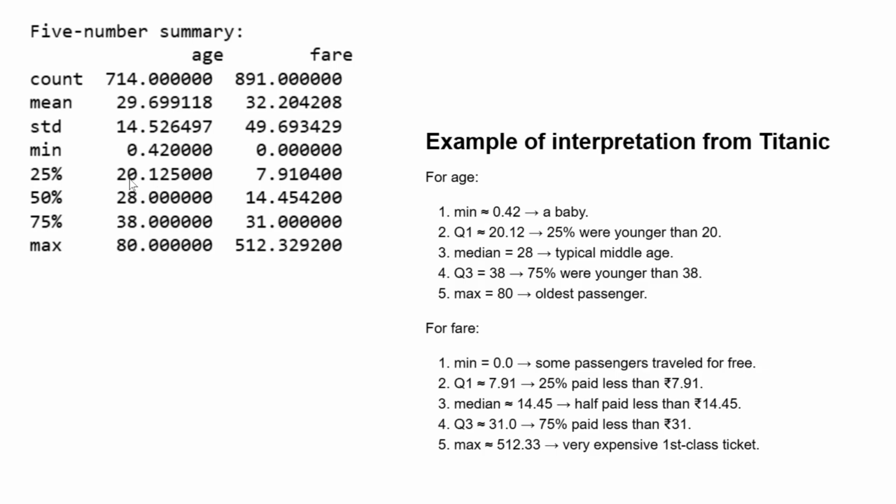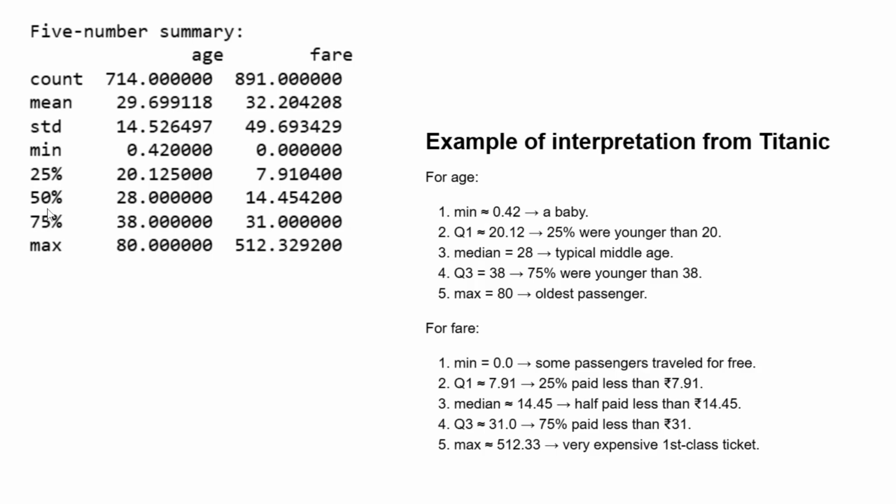Here for Q1, I got the value as 20. So I can find out the meaning: 25% of the passengers have an age below 20. That is the simple meaning of this.